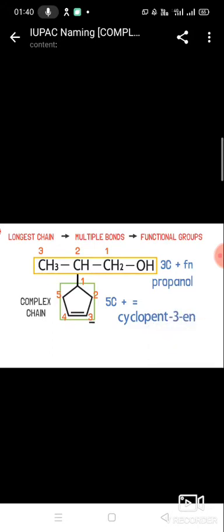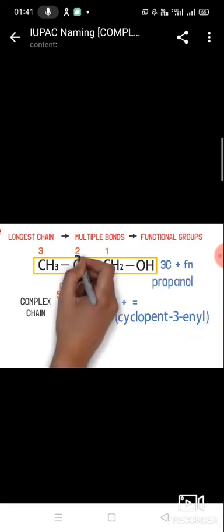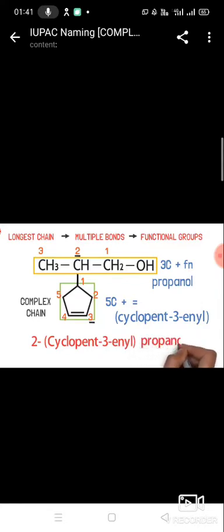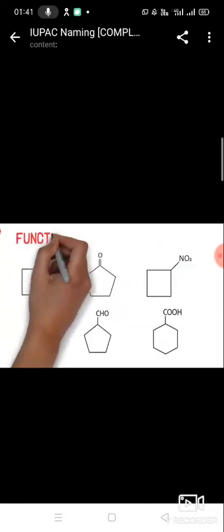The pentene's double bond is present on the third carbon, so cyclopent-3-enyl. That cyclopent-3-enyl is attached to which carbon atom? Second carbon atom. So 2-cyclopent-3-enyl propan-1-ol, or propanol. 2-cyclopent-3-enyl propanol.